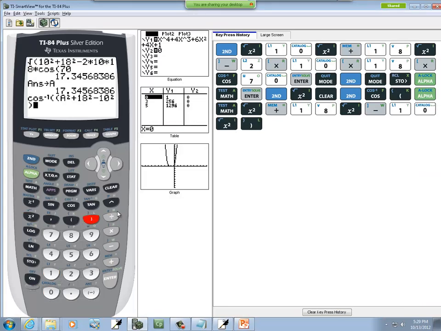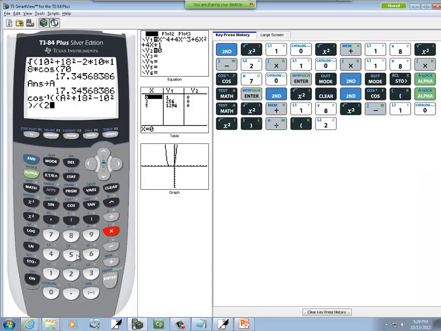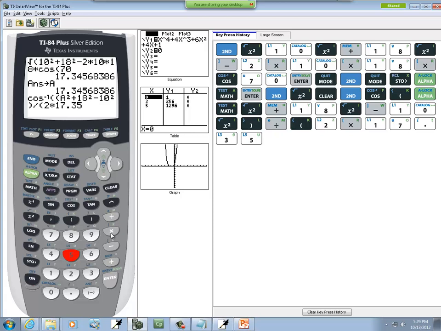Closing parentheses on the top part divided by beginning parentheses on the denominator. Then 2 times 17.35 times 18. Closing parentheses on top part, closing parentheses on inverse cosine.